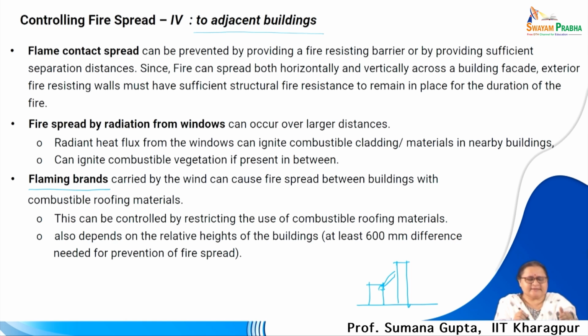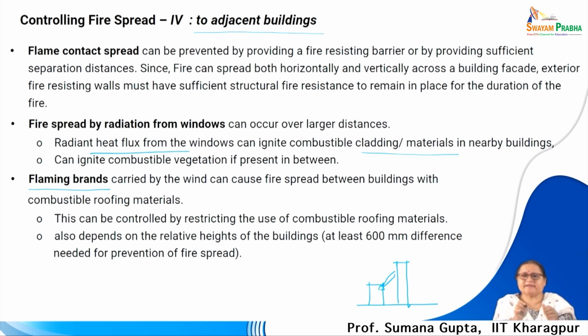So, we can see that radiation from windows or any opening, high heat flux from the windows, can ignite combustible cladding materials. Now, you see these are very important. In today's context, many high rise buildings are having claddings. It may be a glass cladding, cladding means a covering.